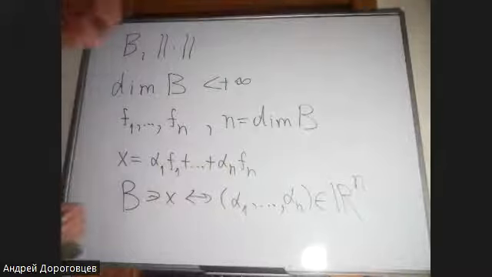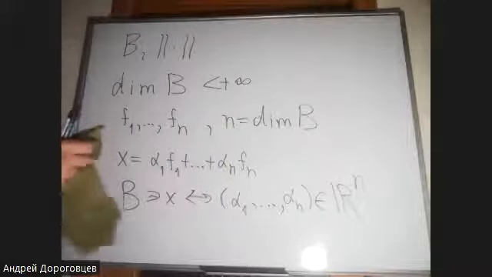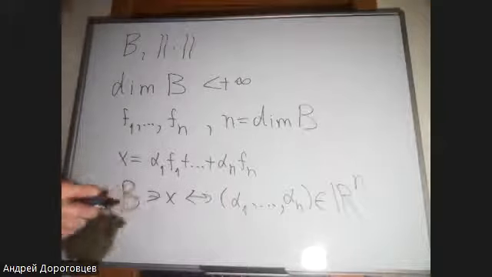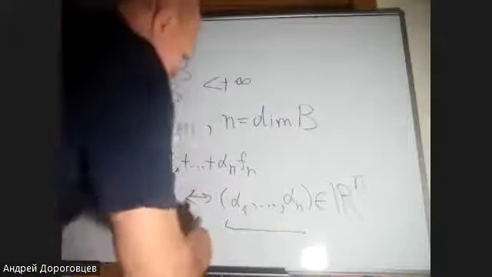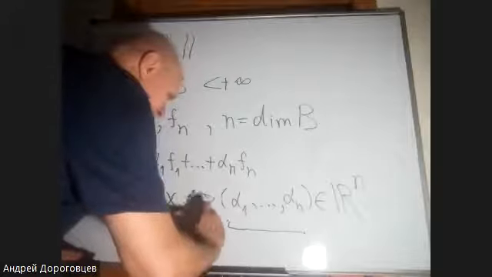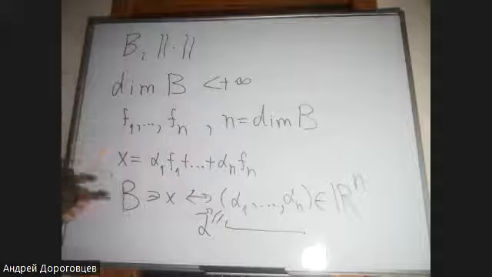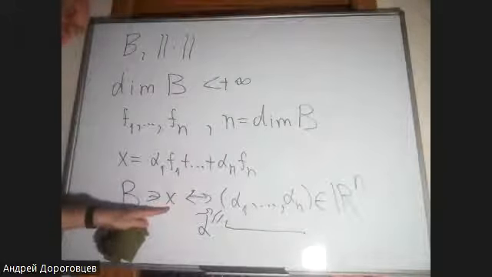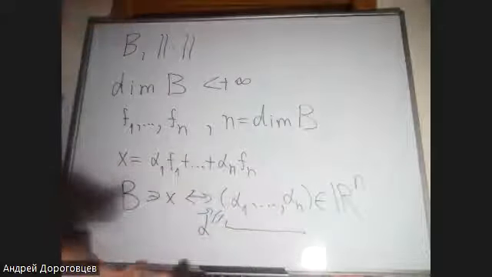It is a linear correspondence, but it is not, of course, an isometry, because if we take this vector alpha, let us denote it for a moment alpha with arrow, then the norm of the corresponding element here is not the usual Euclid norm of alpha.